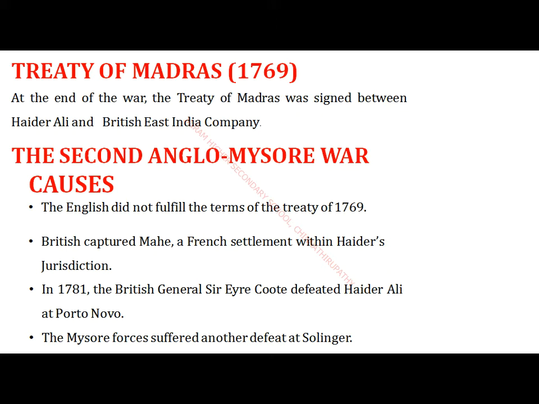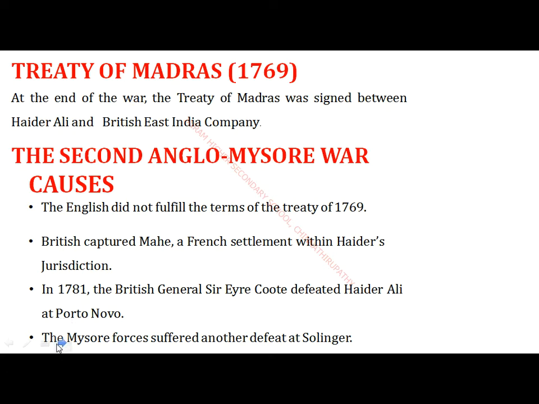Take note of this, children. It is located on the north bank of the Vellar river, at a distance of 30 km from Cuddalore. This is the place where the British General Sir Eyre Coote defeated Haider Ali.